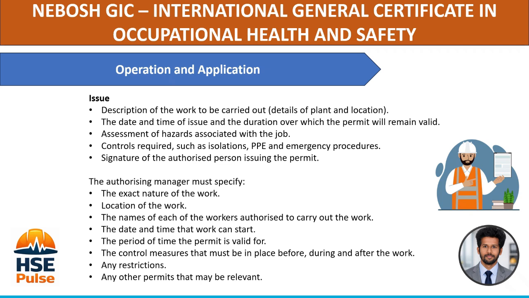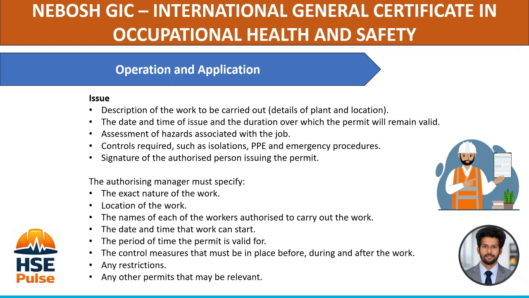All these things will be covered in the control measures. Along with that, the signature of the authorized person who is issuing the permit also needs to be recorded. Only the authorized person can issue the permit by following the checks.